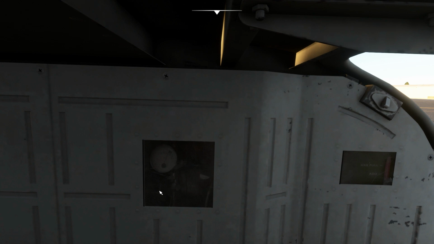So you do have an emergency system for this, and before any flight this needle should be within the green area, which it is. Great.